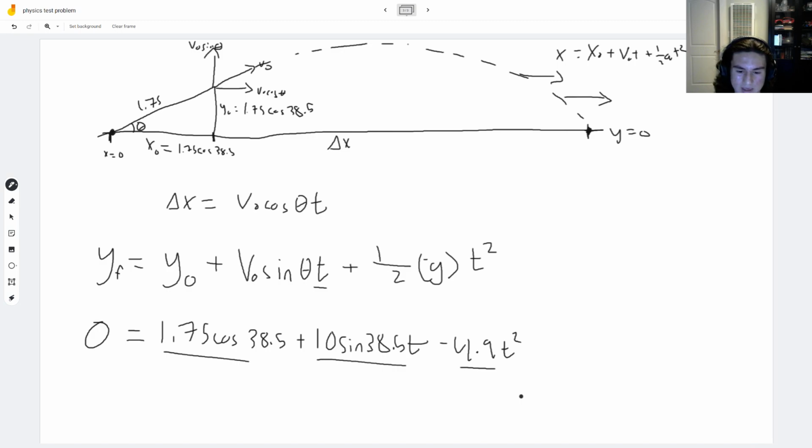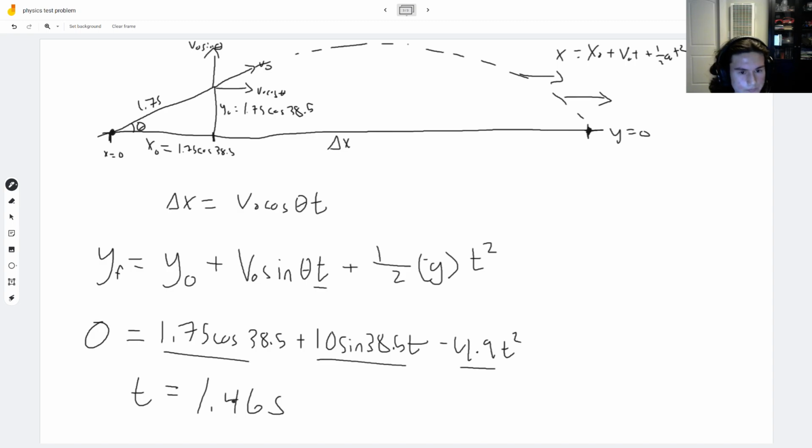But anyways, when I put this in, we get two times. We only actually care about one. We get negative 0.191, which is basically saying that we went this far back. That makes sense given this is where we started from. And then we also have a time of 1.46 seconds, which is what we care about.